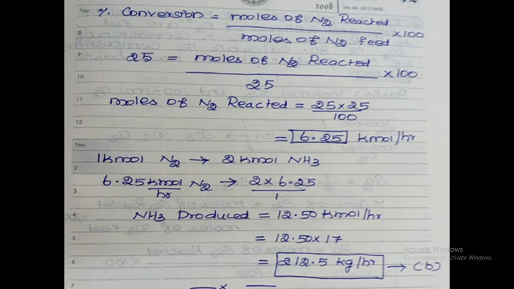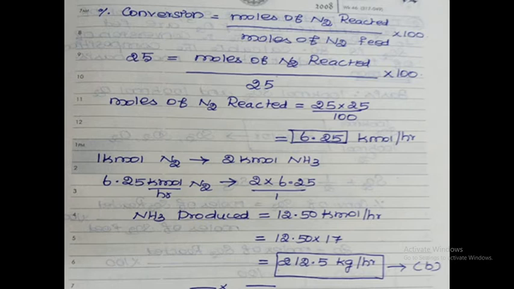Here percentage conversion is given as 25. Moles of nitrogen reacted we want to calculate. Moles of nitrogen feed is given, 25 kilomole per hour. So 25 into 25 divided by 100 is equal to 6.25 kilomole per hour. Are you clear or not?